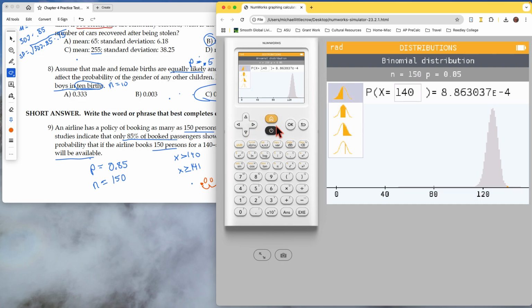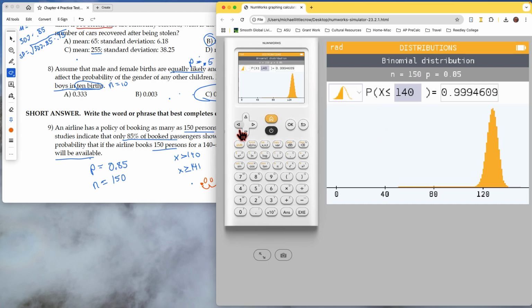Probability that nobody gets bumped is almost 100%. There's that little 5 in 1,000. So it's a very high probability that we'll always be able to fly. Now, we don't always get a full plane, but you can see at 120 is kind of a cutoff here, and it gets really, really low there.